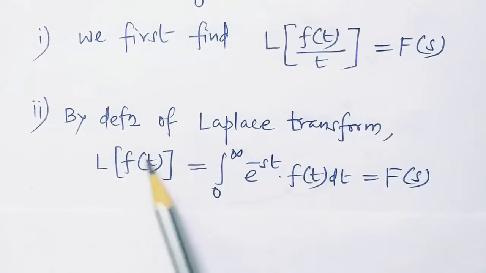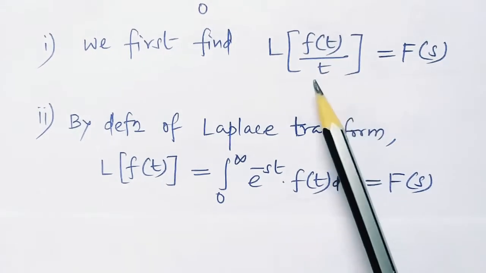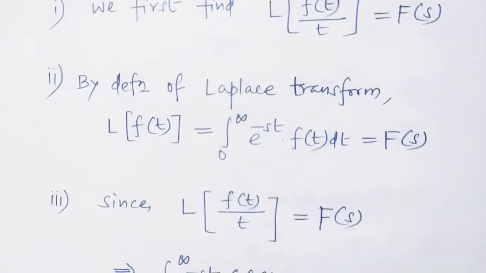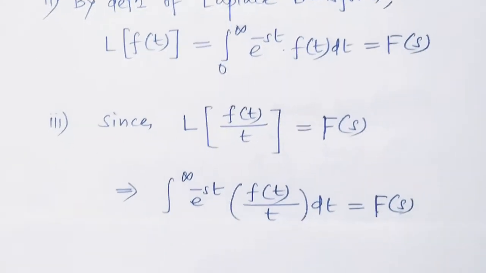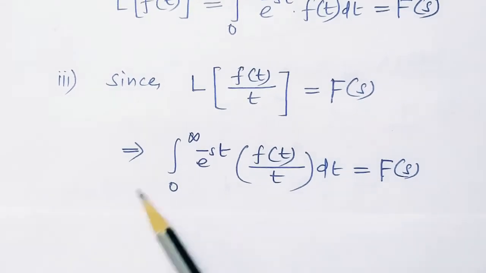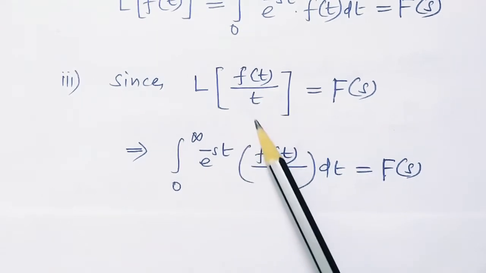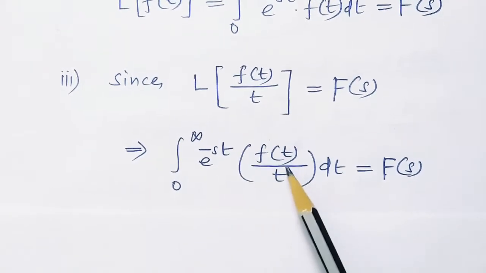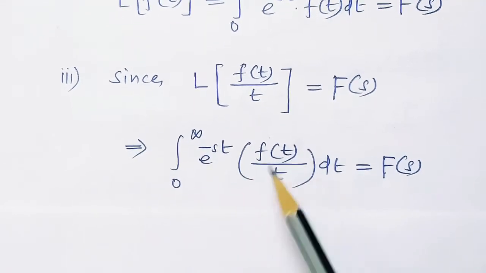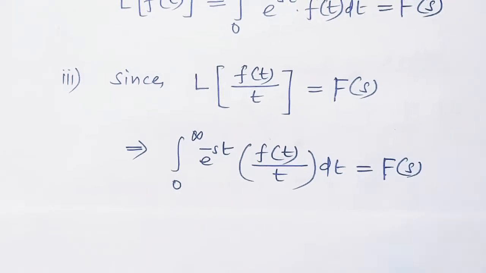And if you want to use this particular definition for this form, Laplace of f of t divided by t equal to F of s, then of course by using the definition we have the integral between 0 to infinity of e to the power of minus st, and the same f of t we can retain here, that is f of t divided by t. So this f of t divided by t we can consider as a generalized real valued function, that is equal to F of s.